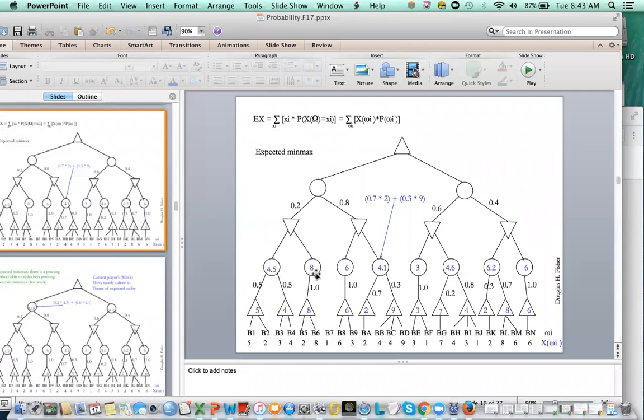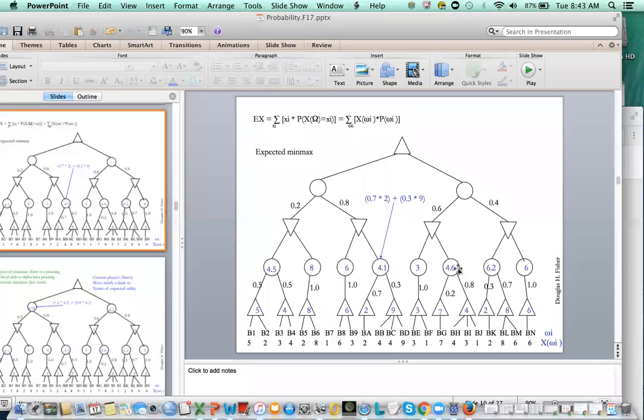The next node over has an expected value of 8, because with probability 1, you're going to get a value of 8. But you can compute the expected values, and I show the explicit computation here for the node with a 4.1 value in the center.